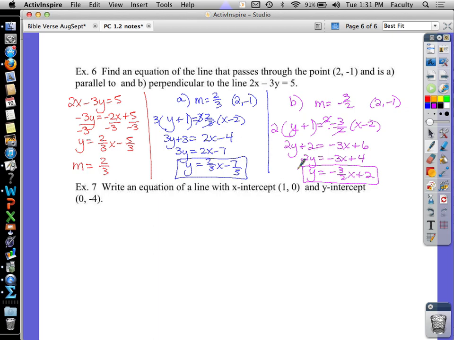I'm seeing some wonderful things on your papers. Wonderful. Does anybody want to explain what they did? I saw some fabulous stuff.